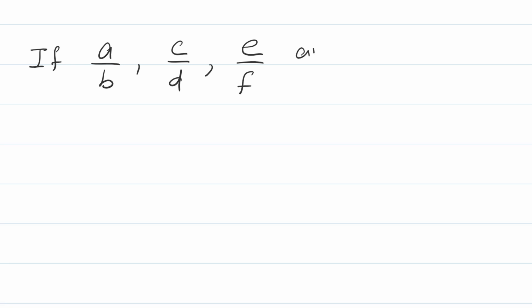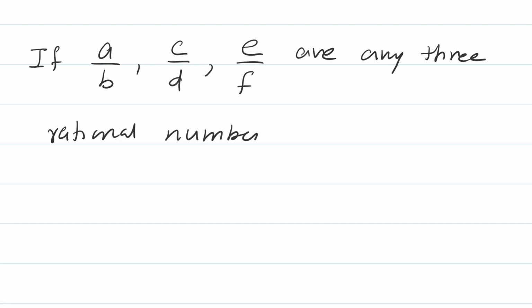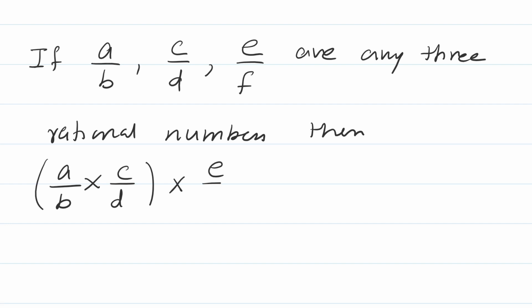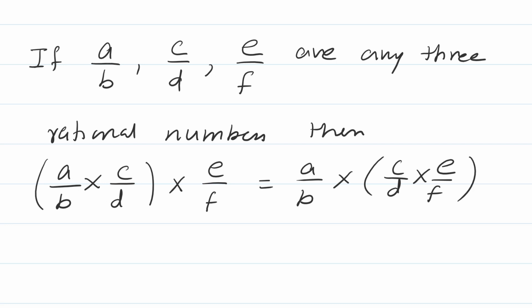A upon B, C upon D and E upon F are any three rational numbers. Then A upon B into C upon D, into E upon F, is equal to A upon B into, bracket, C upon D into E upon F. Product is binary, so at a time we can perform the product of two.